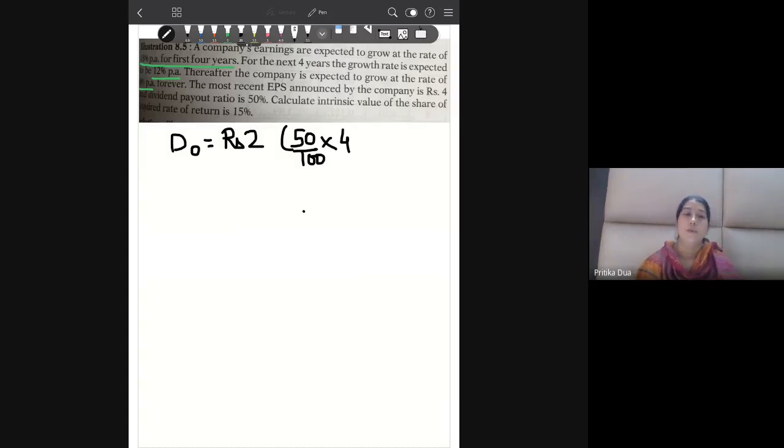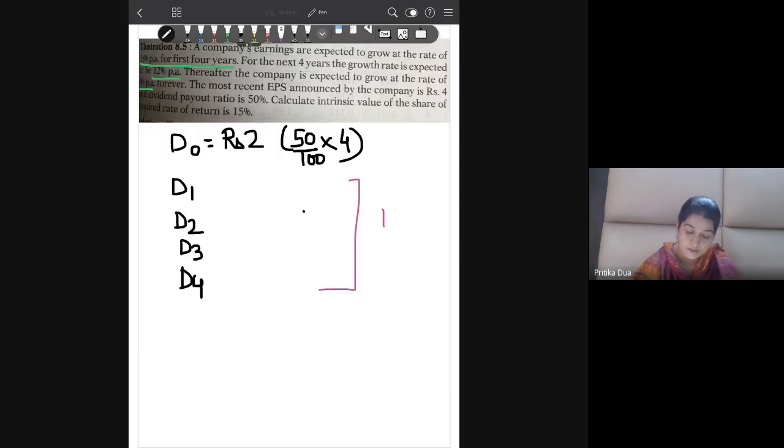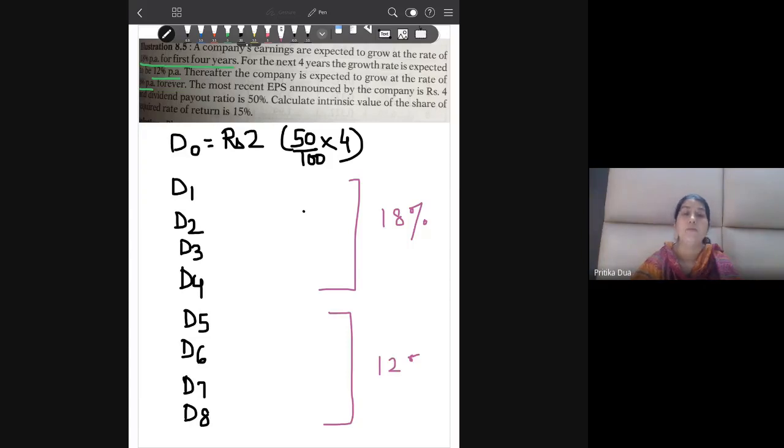So this was D0, and then after this you have D1, D2, D3 and D4. These dividends you will be calculating with a growth rate of 18%. Then for the next 4 years, D5, D6, D7 and D8 are at 12%, and after that it is 6% per annum forever.